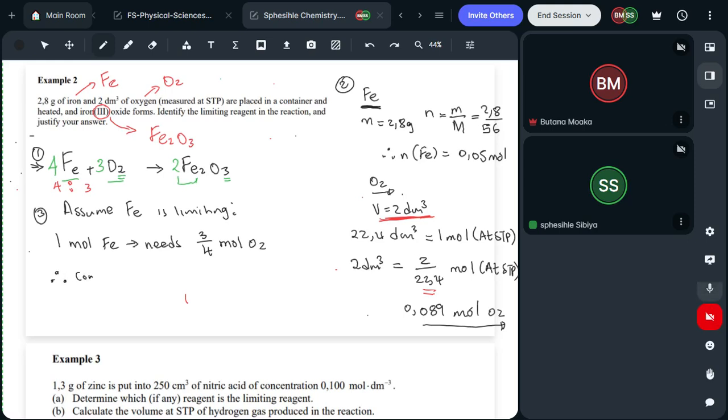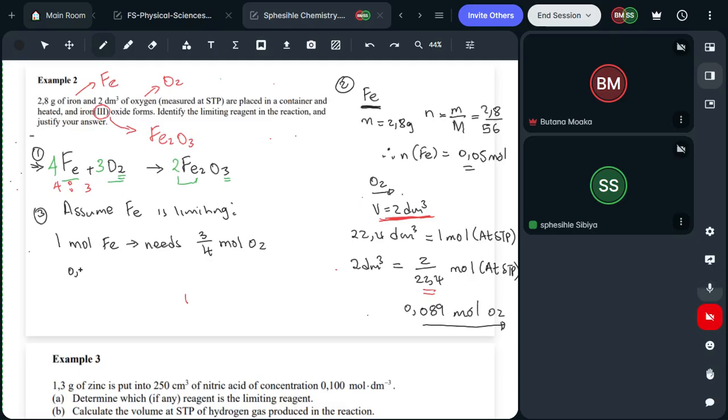But before that, how about we find the moles that are needed? Remember, Fe we said is 0.05 moles.